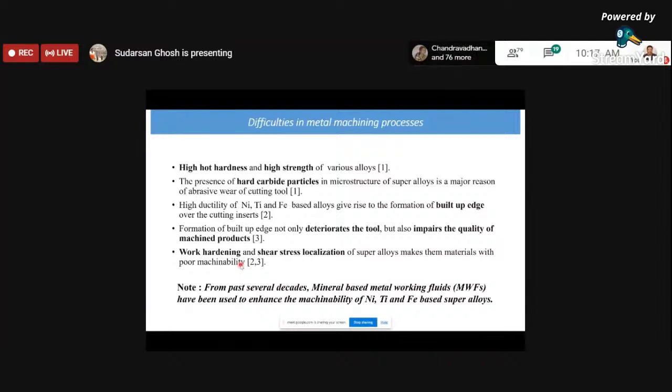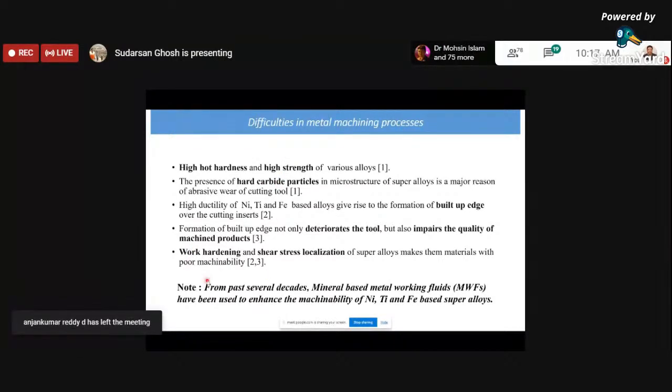The cutting forces during machining will tend to rise when you have work hardenable materials. Of course, not all materials work harden, but mostly the super alloys have this issue that they can become work hardened easily during machining. So these are all the difficulties during the machining process.